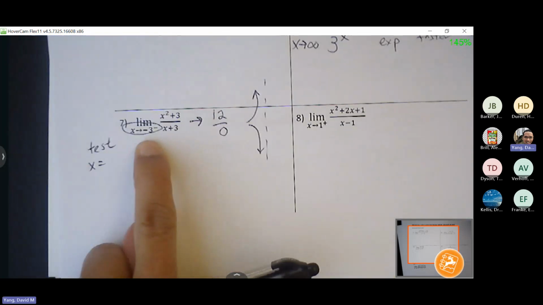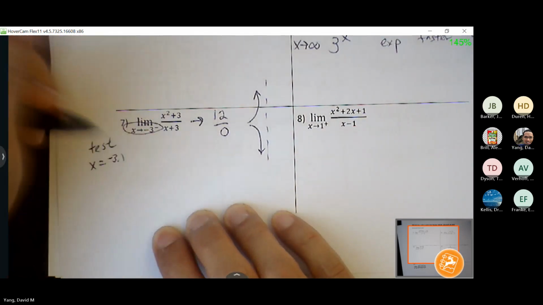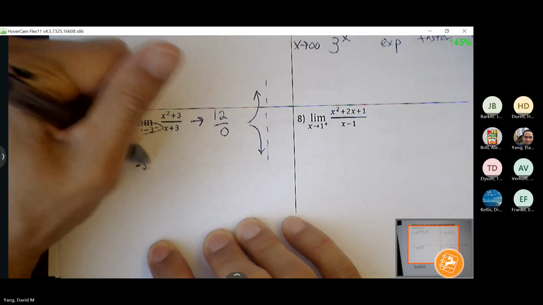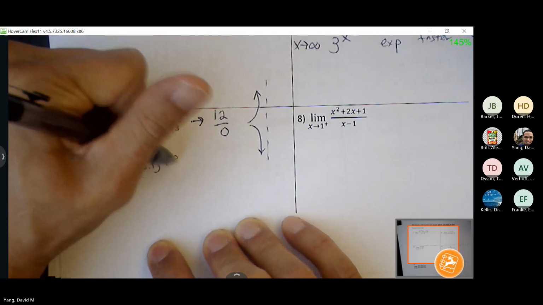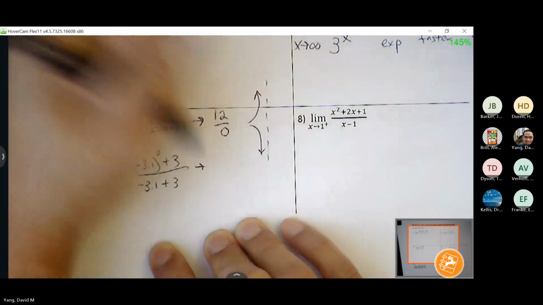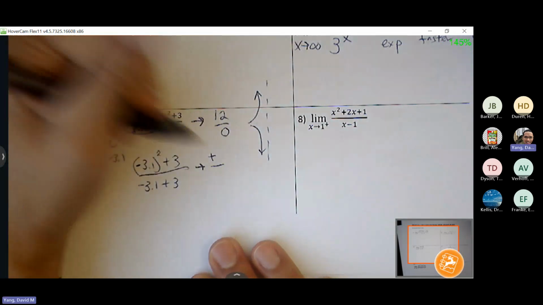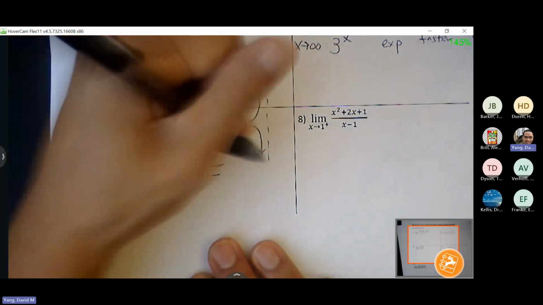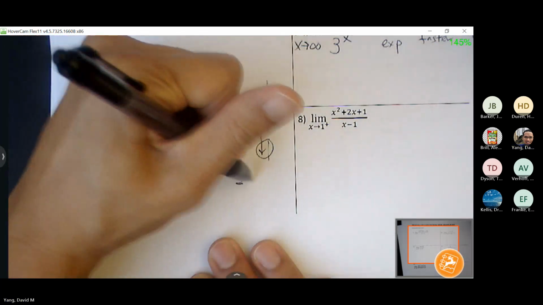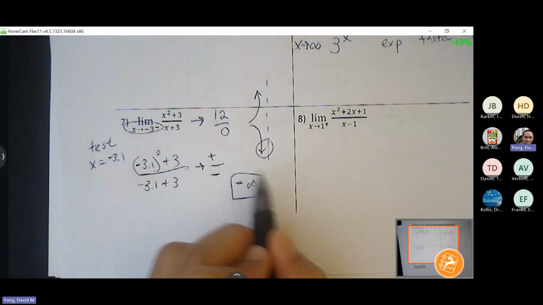What's a decimal to the left of negative 3? So numerator, I get positive. Denominator, I get negative. Positive over negative is negative. So we know the graph is headed in this direction.